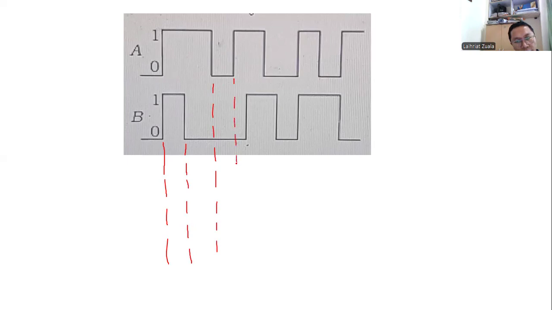Whenever either input A or input B value changes, I draw a vertical line. So here also the input B is changing. At every place where you find that either input A or B is varying, you have to draw a vertical line. Here you see that the input A is dropping from 1 to 0. So let me draw a vertical line here.